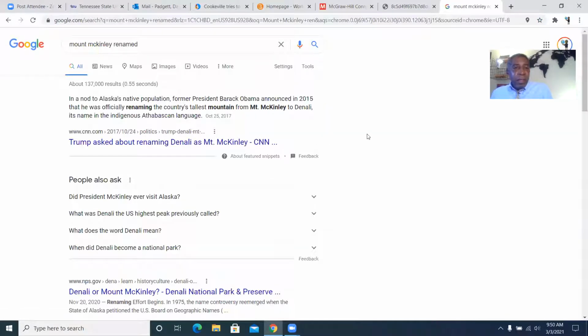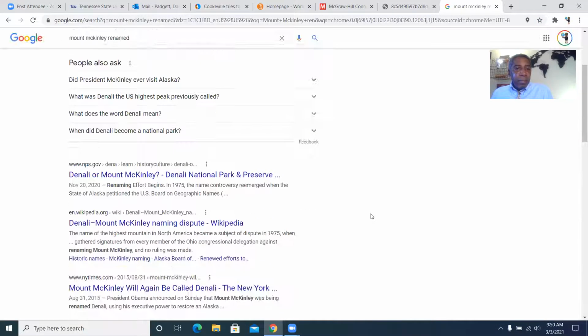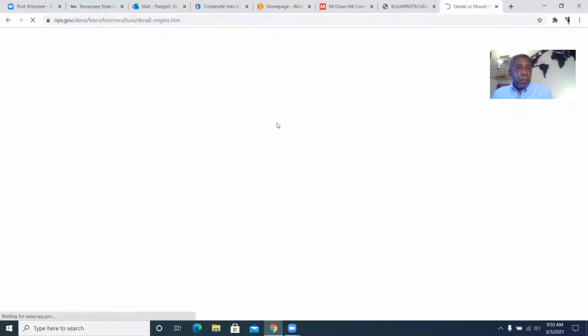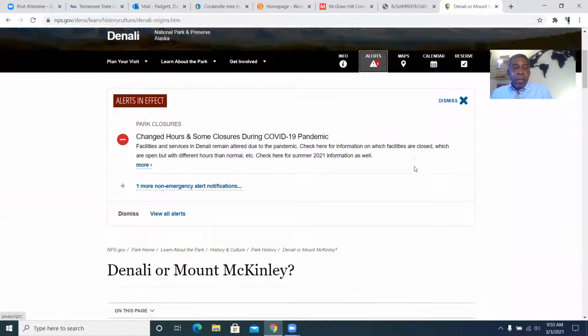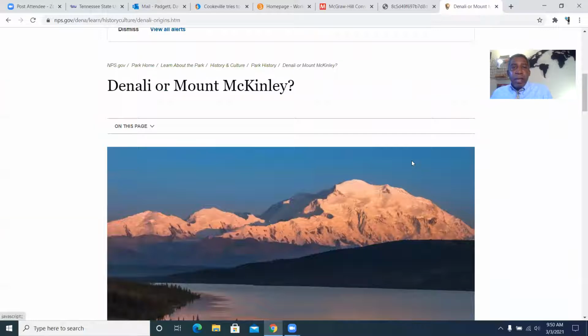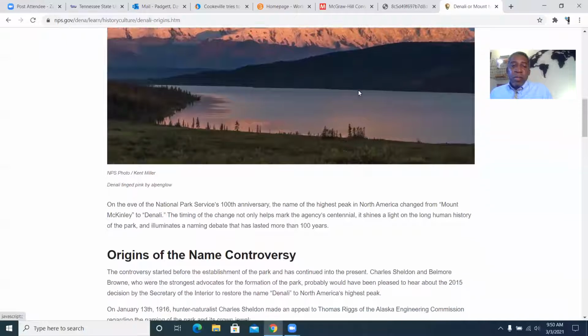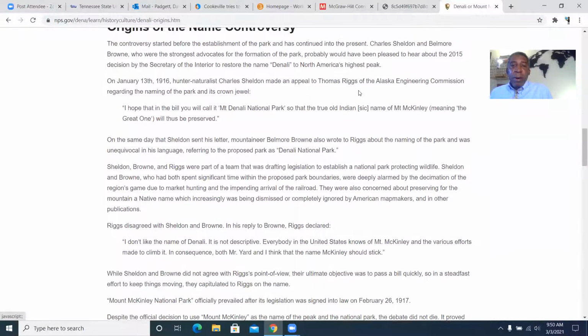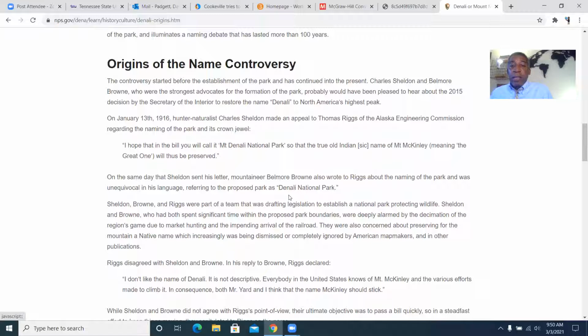Mount McKinley has been renamed Denali. Denali is the indigenous or Native American name given to the mountain. And so President Obama renamed the mountain Denali, and the park Denali National Park.